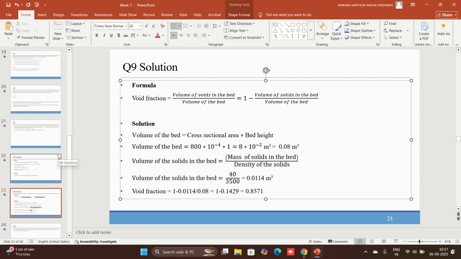What does this tell about our bed condition, that void fraction is 0.8571? The thing is, these are unrealistic values. Imagine that 85% of the bed is unoccupied by the particles. In reality, it doesn't exist like this.